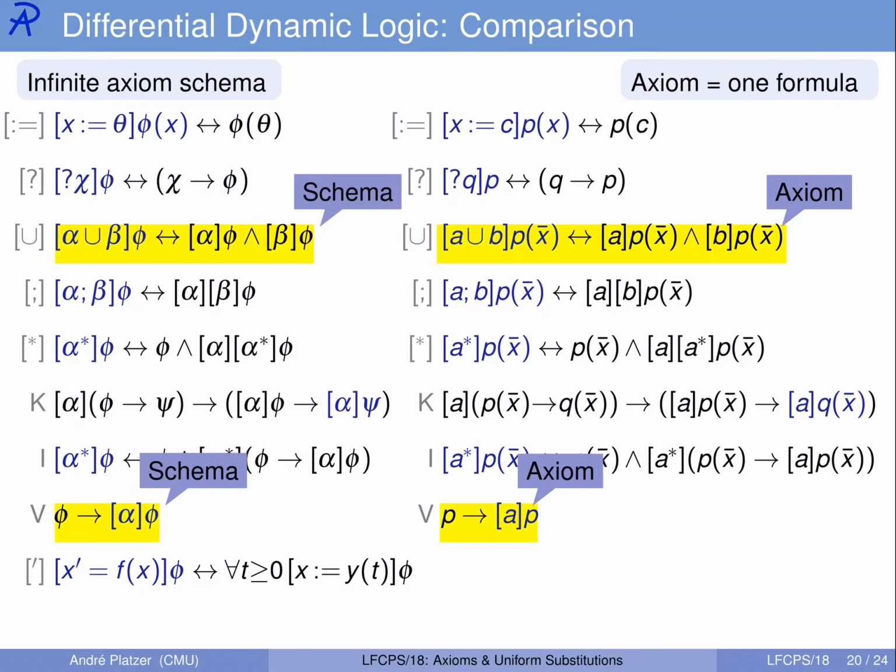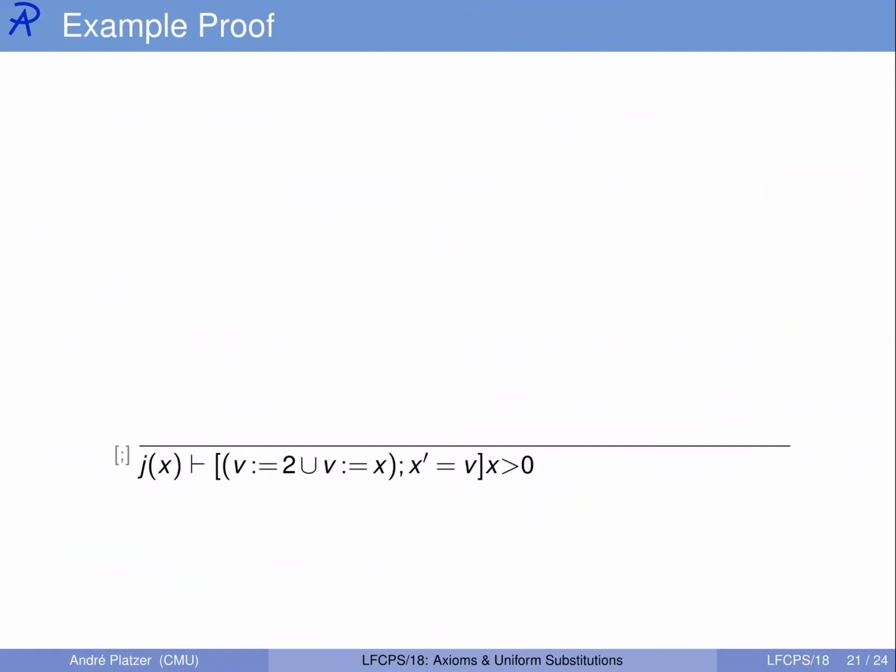But the difference is these are schemata, so an infinite axiom schema standing for infinitely many formulas, which needs some algorithm to be implemented to check the side conditions, whereas the implementation of these concrete axioms is a trivial piece of cake. Just write them down. For example, write them down on the computer, then the computer will know. And the only extra thing is then the uniform substitution mechanism we talked about, which is a simple recursive implementation.